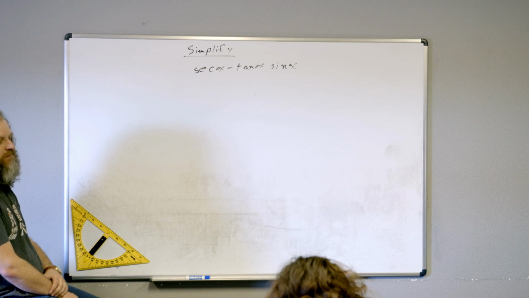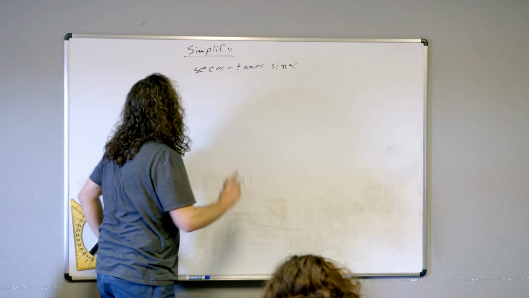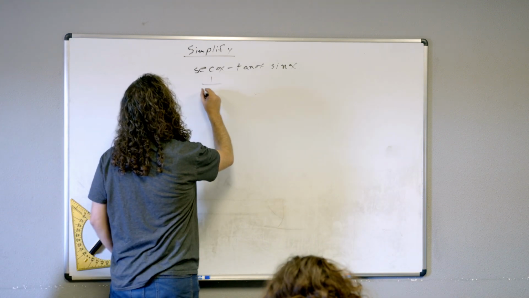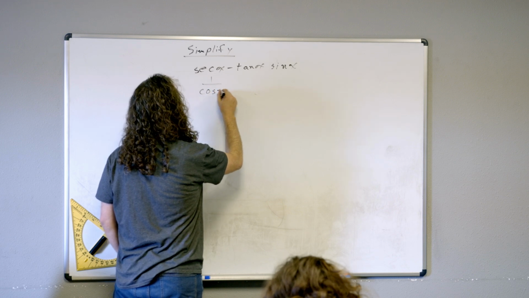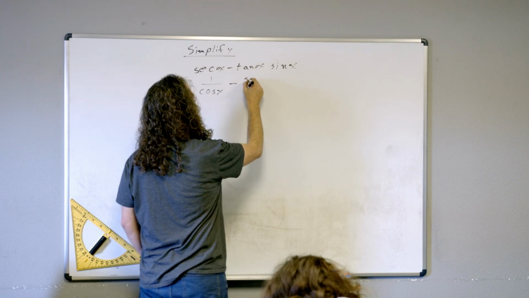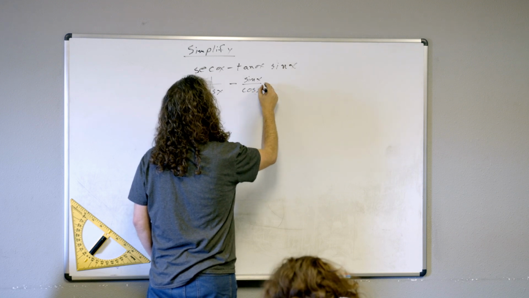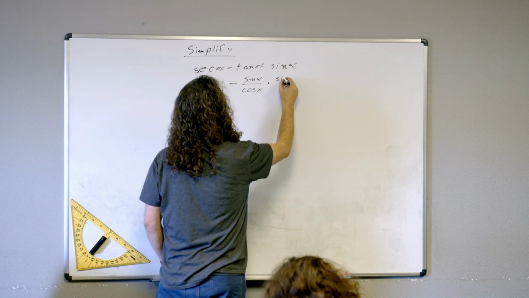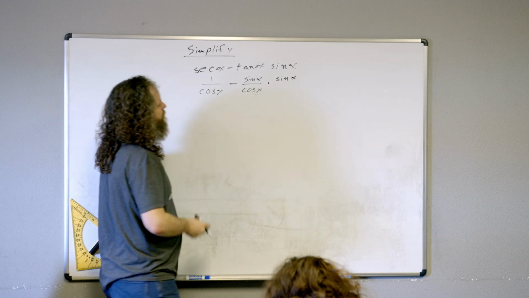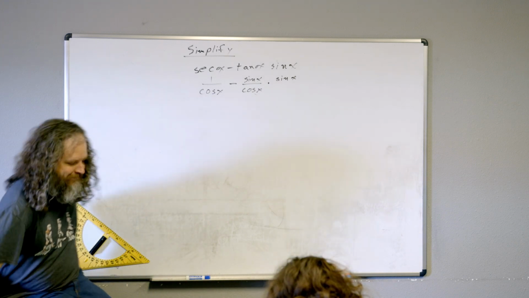Turn the secant to cosine. Secant is just 1 over cosine, and then tangent is sine over cosine. And then sine is already sine. Now what can we do?